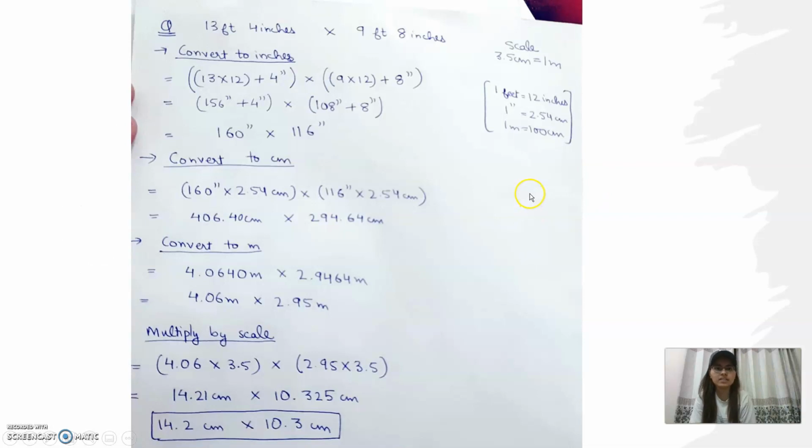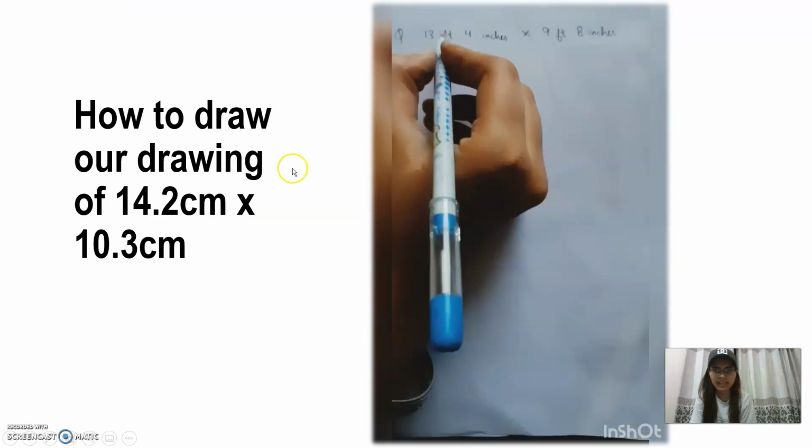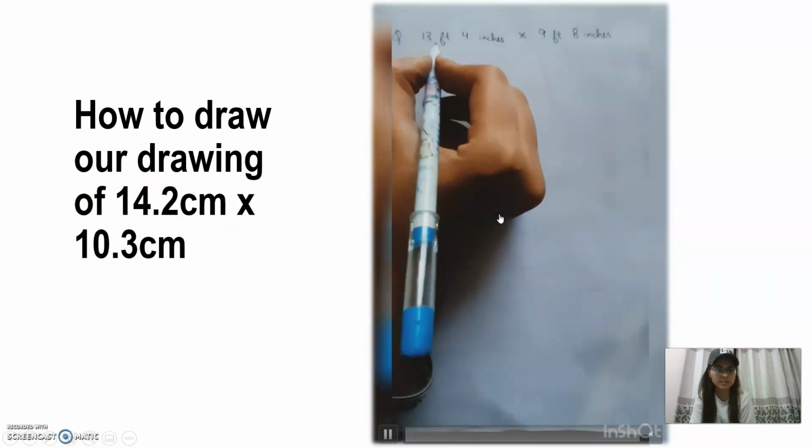Now these are the full paper calculations and how we write it properly. You can see. And this is how we'll do the drawing, 14.2 centimeter into 10.3 centimeter.